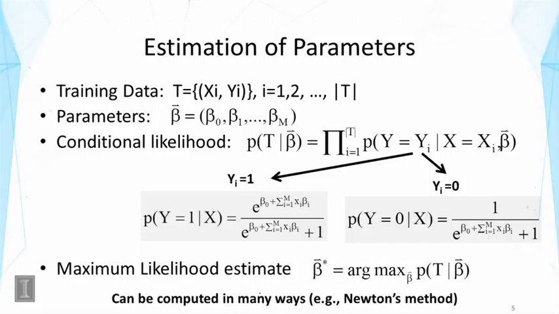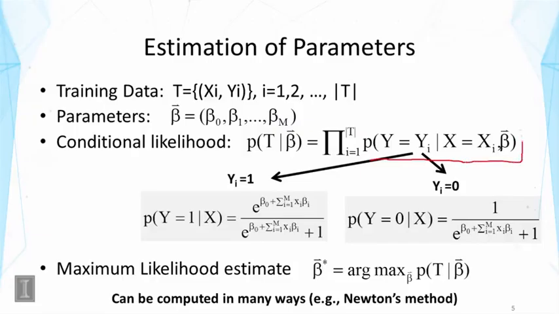So in our case, we are interested in maximizing this conditional likelihood. The conditional likelihood here is basically to model y given the observed x. So it's not modeling x, but rather we're going to model this.